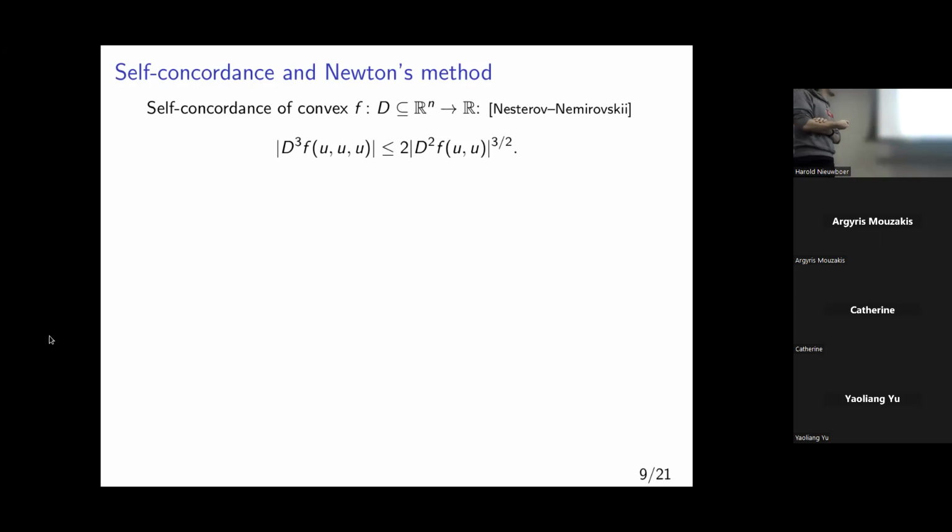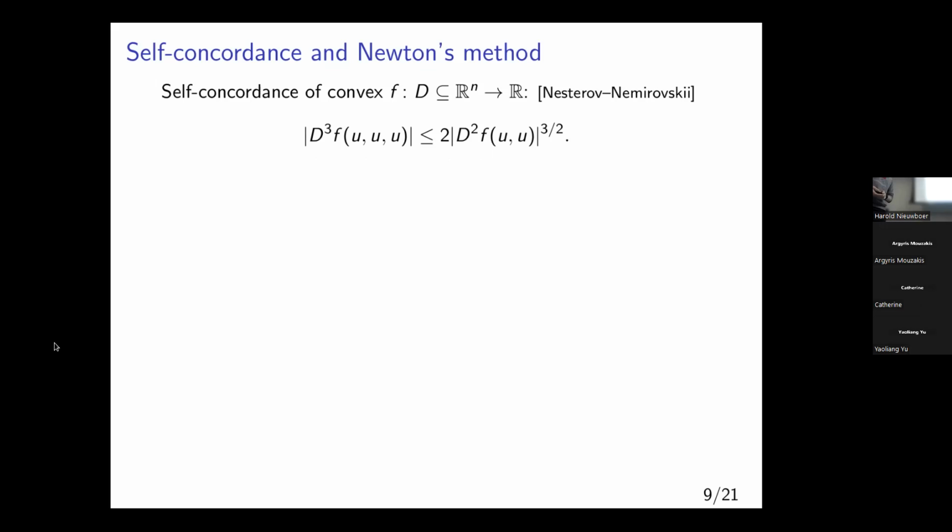And what you do in the Euclidean case is you assume some really funny looking estimate. So a convex function f I call self-concordant if the third derivative in any particular direction is at most 2 times the second derivative to the power of 3/2.